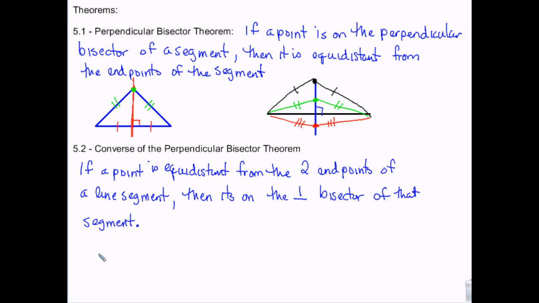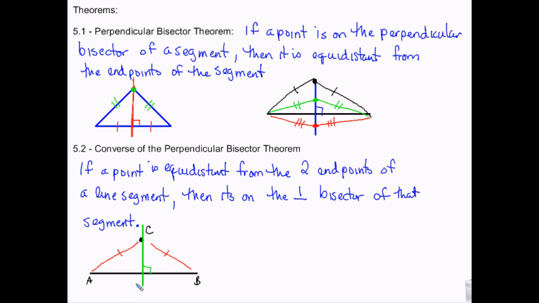So now if I have some line, I'll call the endpoints A and B, and I have some point out in space C, and it turns out that this distance and this distance are the same, then that means that C happens to be on the perpendicular bisector.